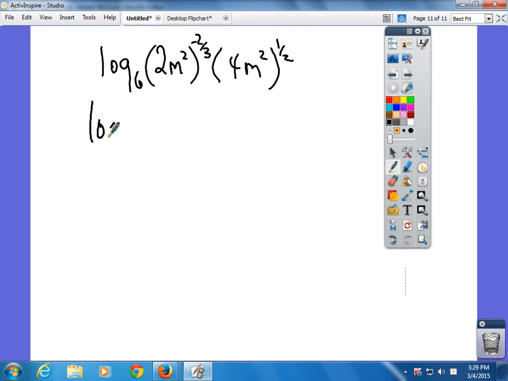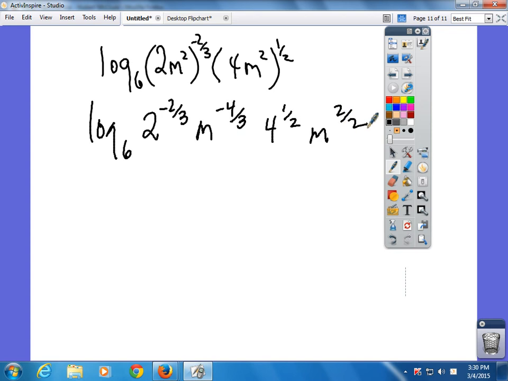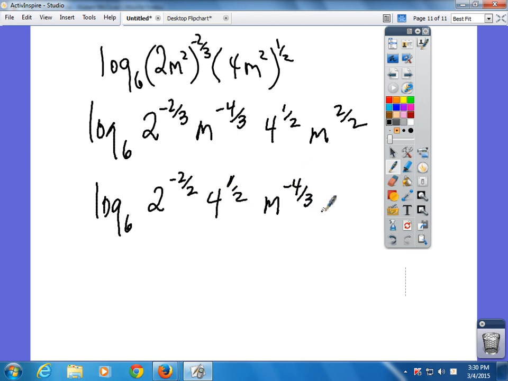And that's going to be log base 6 of 2 to the negative 2/3 m to the negative 4/3, 4 to the 1/2, m to the 2/2. And it looks like we can maybe put these two together and these two together. I don't know if it's going to help us or not. But log base 6 of 2 to the negative 2/3, 4 to the 1/2, m to the negative 4/3 times m to the 2/2.